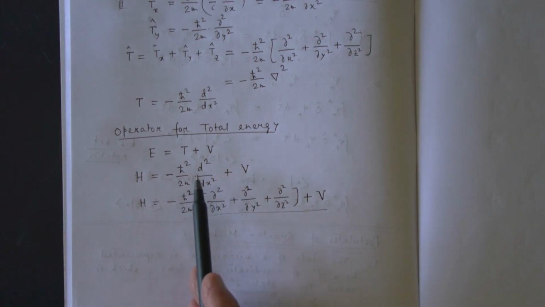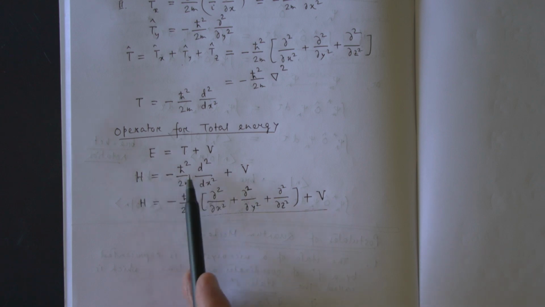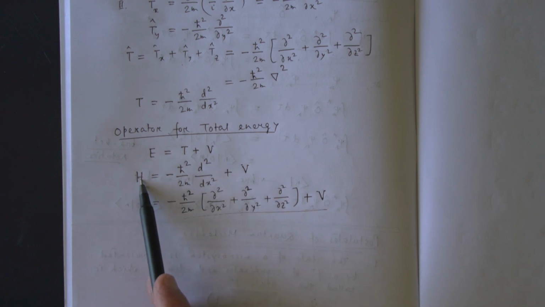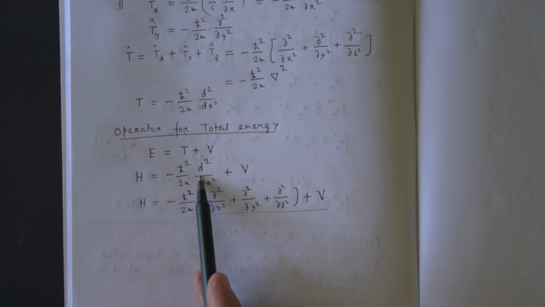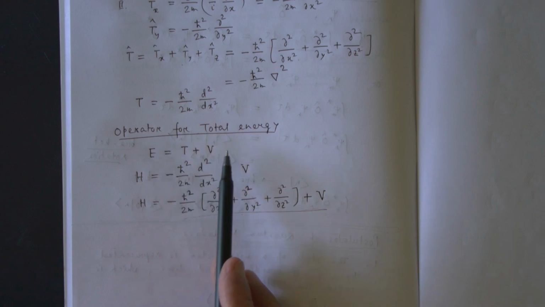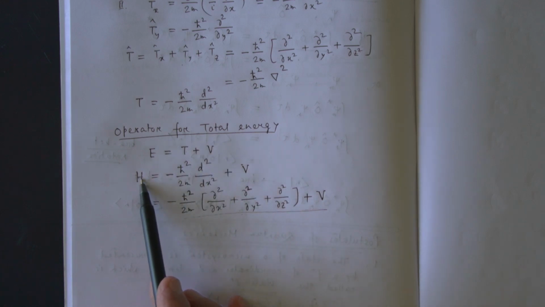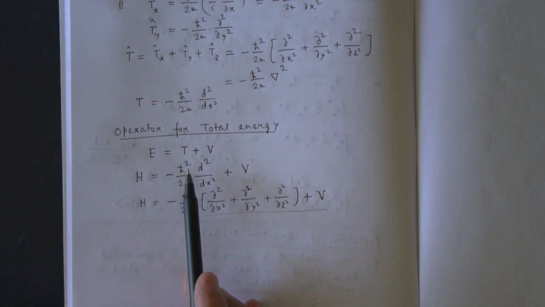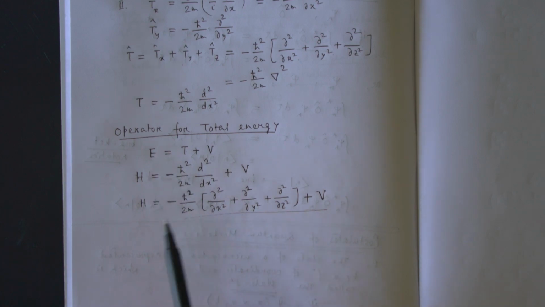Now you see, the operator for total energy is represented as H, the Hamiltonian operator, whether it is in 1 dimension, 2 dimensions or 3 dimensions.